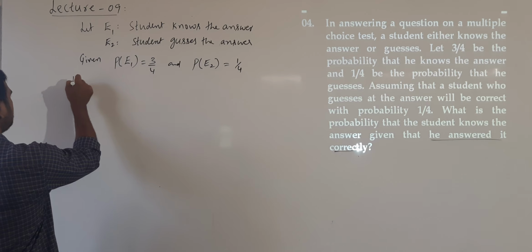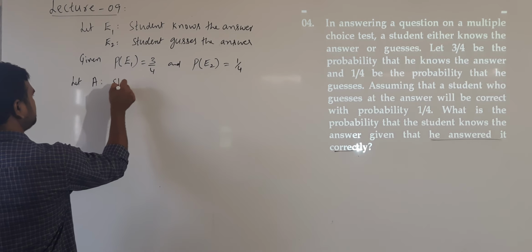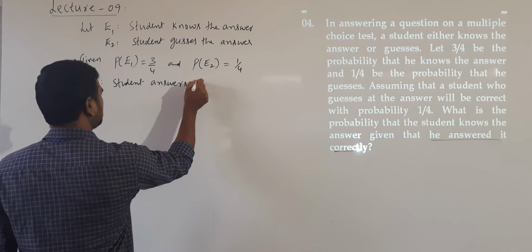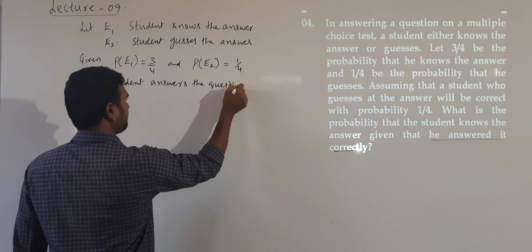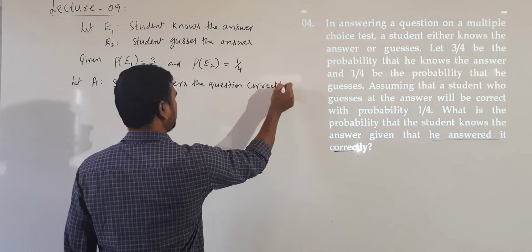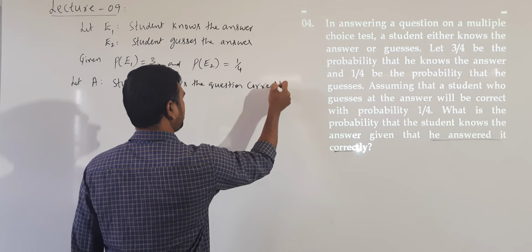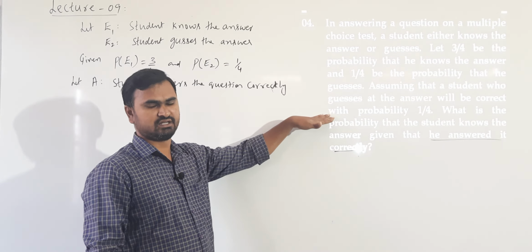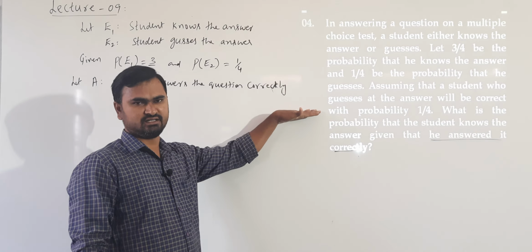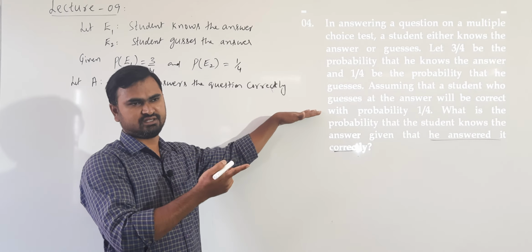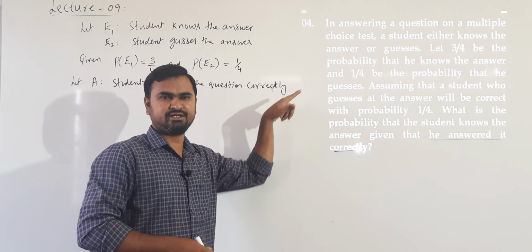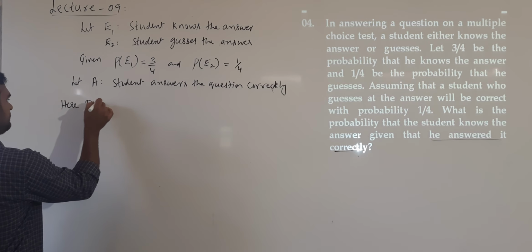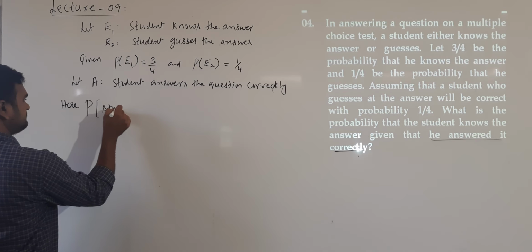So let A be the event that the student answers the question correctly. Answering the question correctly may happen in two ways: either the student knows the answer or the student is guessing the answer. So here, what is the probability that the student answers correctly?